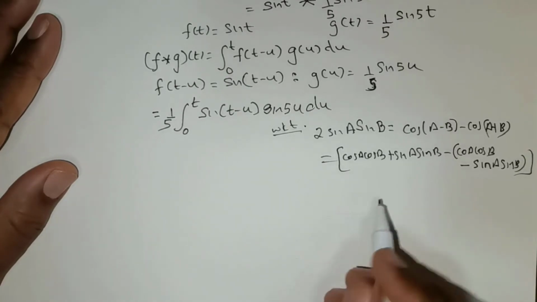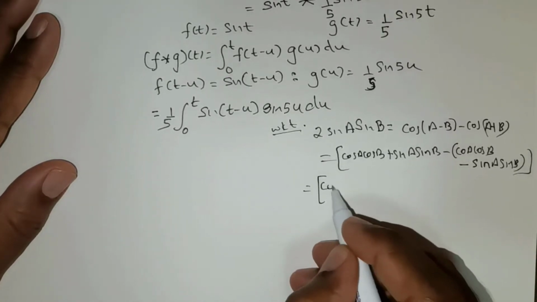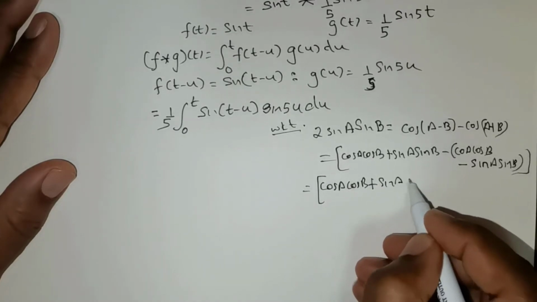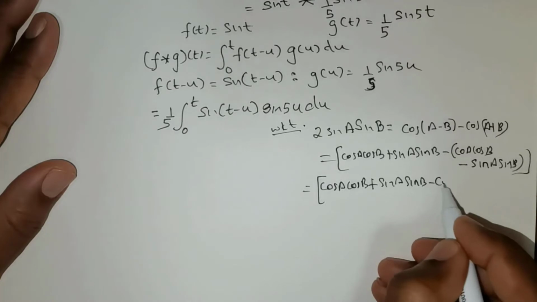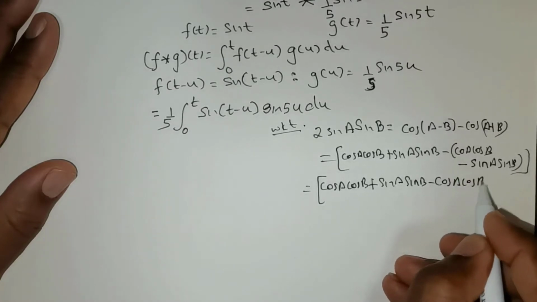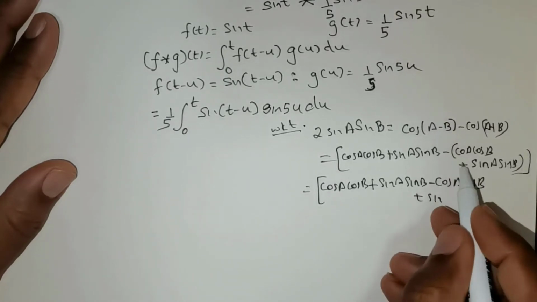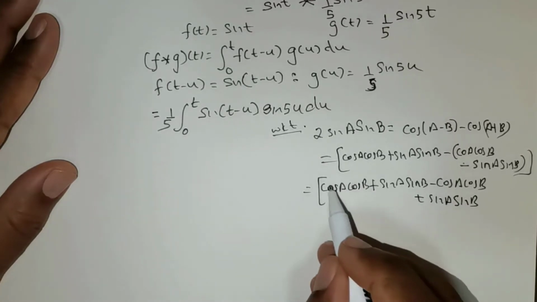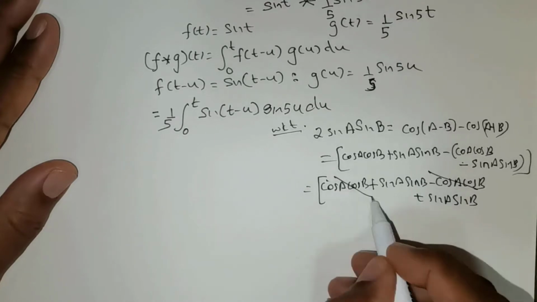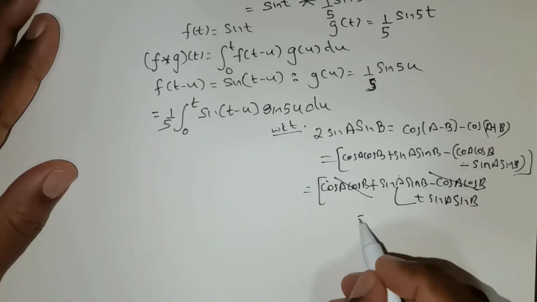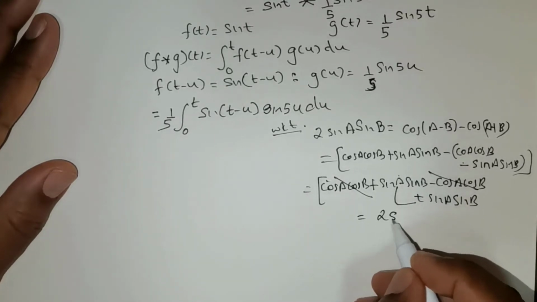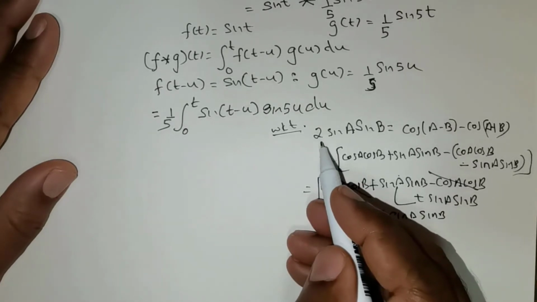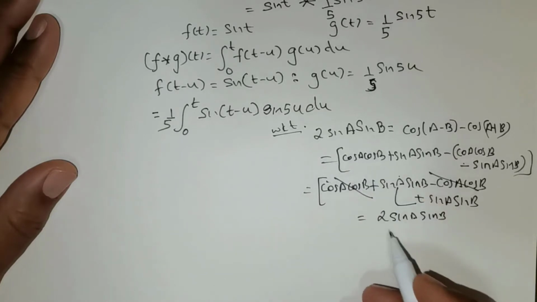So I'm going to rewrite this as cos A cos B positive sin A sin B negative cos A cos B positive, because negative times negative is positive, sin A sin B. Now cos A cos B and negative cos A cos B, these two can be cancelled, these can be added, so it's going to be 2 times sin A sin B. Now on the left side I got 2 times sin A sin B, so that's what I'm getting.